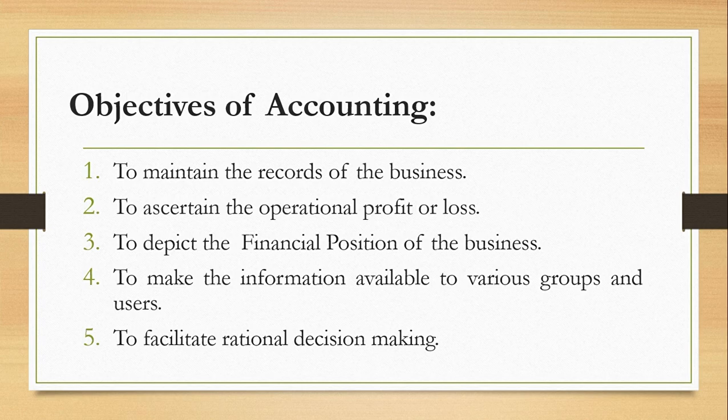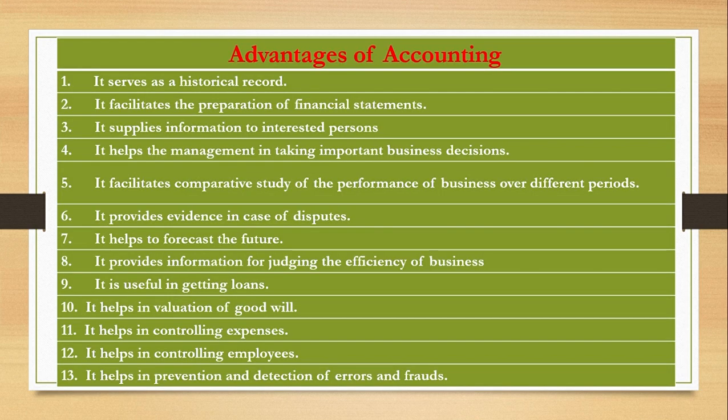Apart from that, if you talk about simpler objectives, it is to keep systematic records, to protect the business properties, to satisfy the requirements of law, to make information available to various users, to ascertain the financial position of the business. So these are the objectives of accounting.